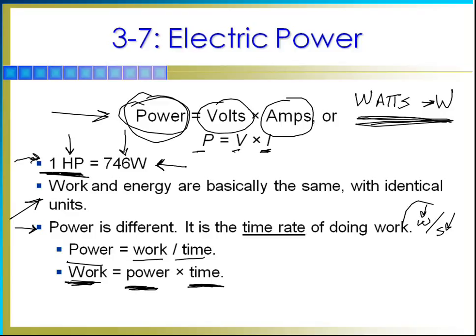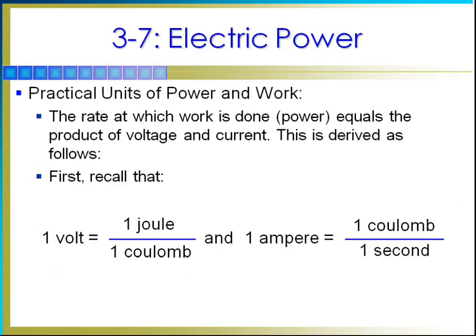So how do we get to this from this? Well, you'll recall from chapter 1 that a volt is the energy, 1 joule, so the amount of work energy required to move a coulomb of charge.